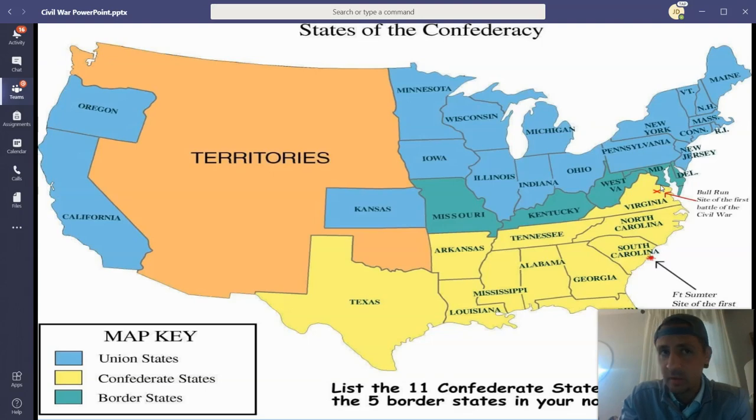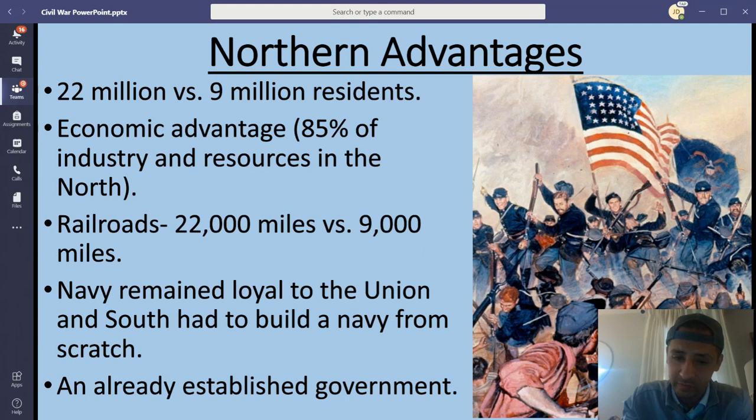If Washington, D.C. was gone, the North would have to make a new capital. Luckily, they didn't. They kept their capital in Washington, D.C., and they already had an established government, which was a big advantage, whereas the South had to create a new nation, so they're brand new, and they had to deal with the struggles that the actual United States dealt with in the late 1700s as a building nation.